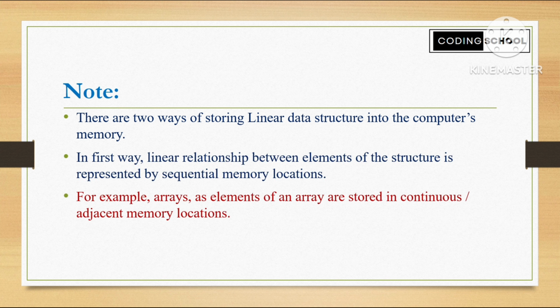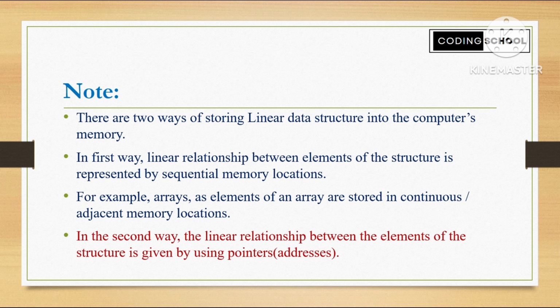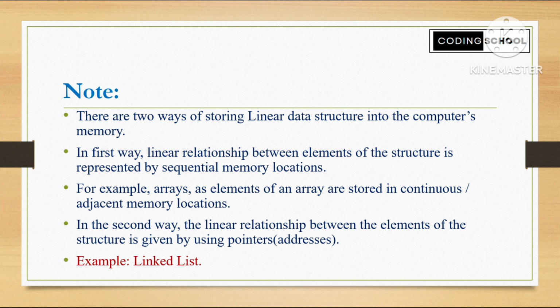For example, arrays, as elements of an array are stored in continuous or adjacent memory locations. In the second way, the linear relationship between the elements of the structure is given by using pointers, means addresses. Example is linked list.